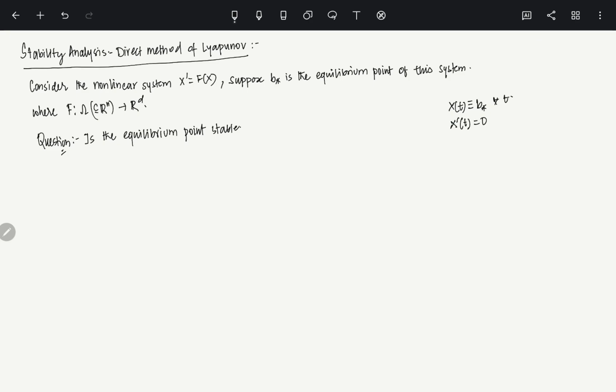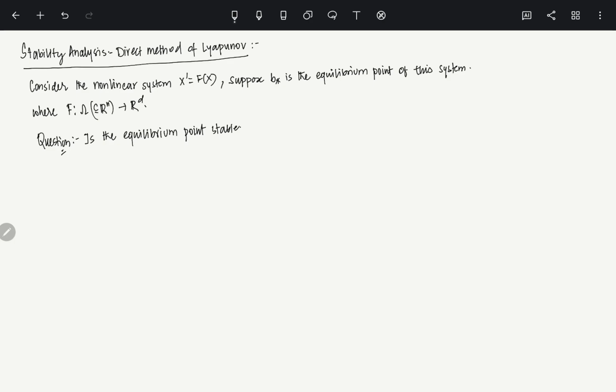This is 0, because it is constant, and that is nothing but f at the point b star. So b star actually is a solution of this problem. Essentially the question is whether it is a stable equilibrium or not.